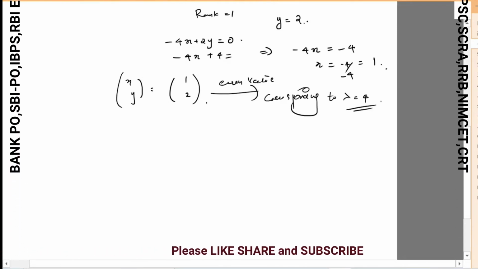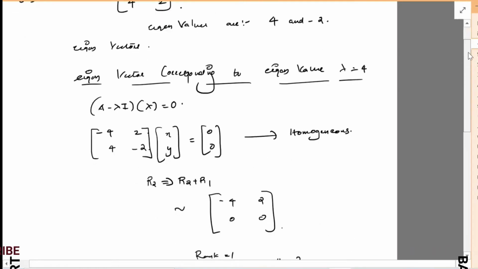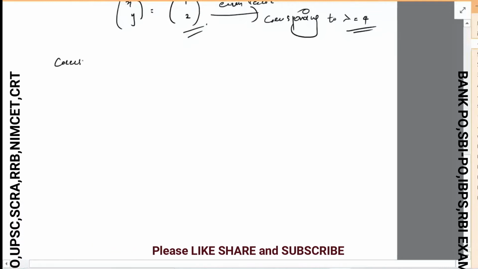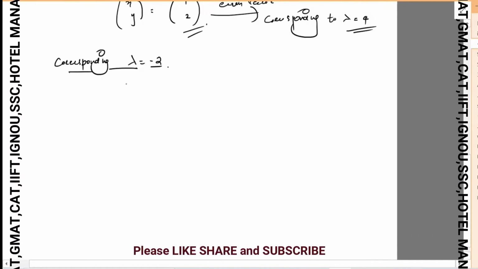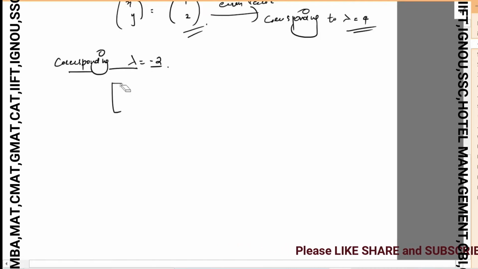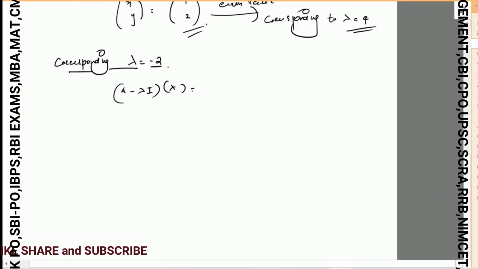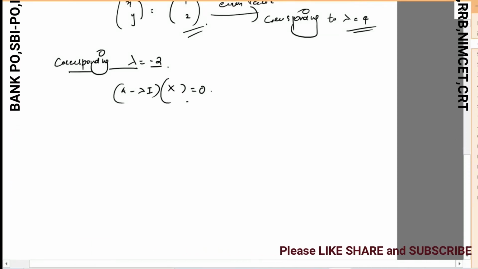Now there is one more eigenvalue for this matrix, lambda equal to minus 2. So we also need to find out the eigenvector corresponding to lambda equal to minus 2. Here again, we have to solve (A minus lambda I) x equal to 0. Here lambda equal to minus 2.